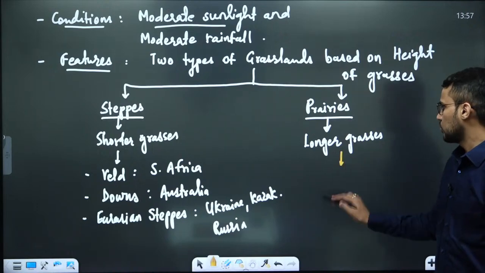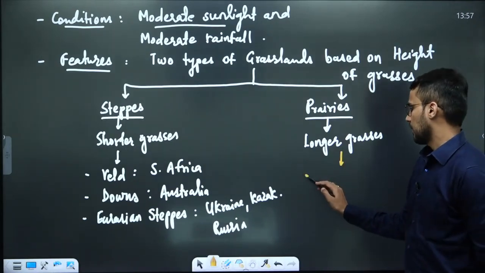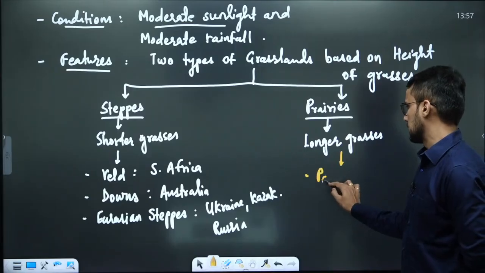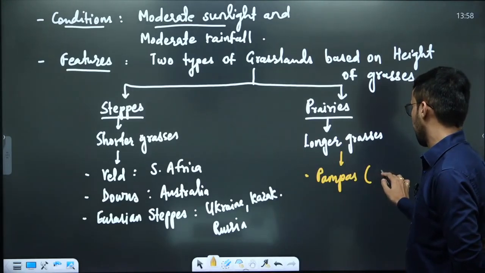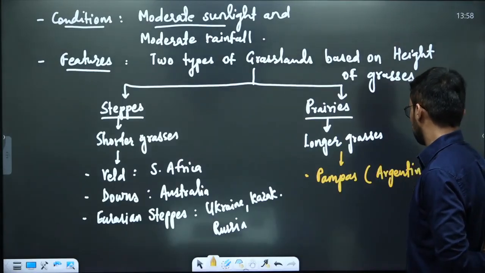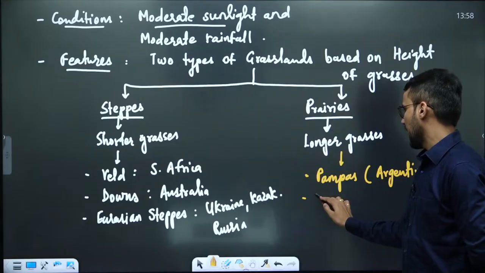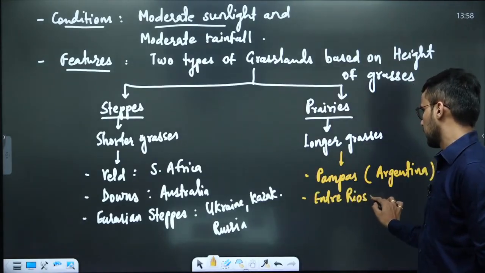Similarly, prairies also have some other names like Pampas, where it's there in Argentina. Entre Rios, Uruguay.